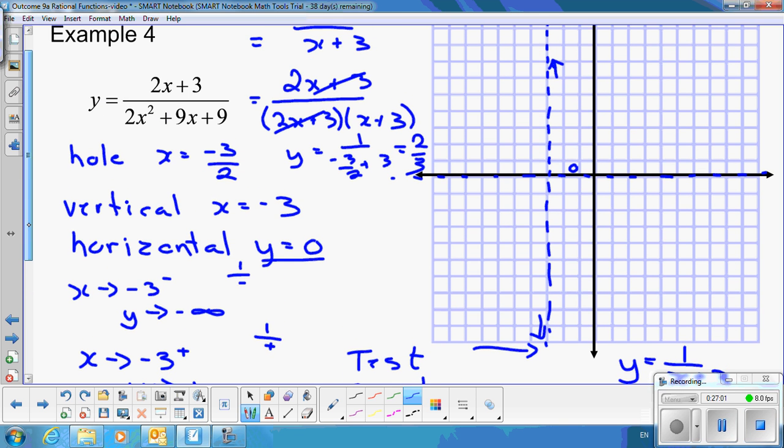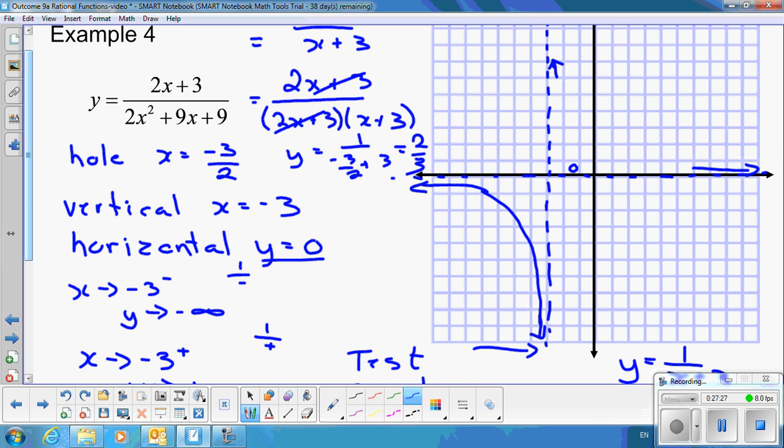That means that as x gets very large and positive, it's going to approach our asymptote. As x gets very large and negative, our value is also going to approach that asymptote, but it will stay on the negative side.